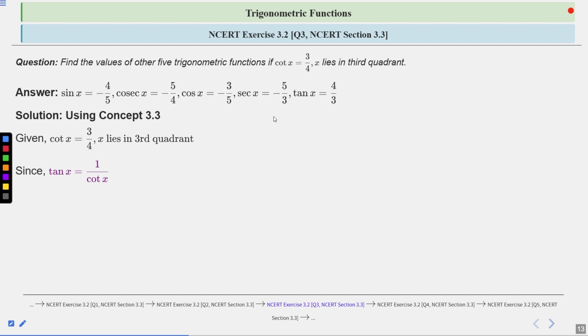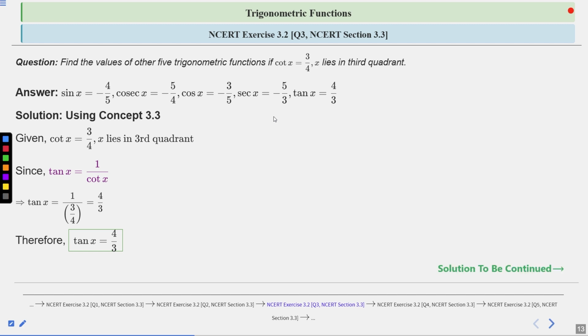Since tan x equal to 1 upon cot x, we can write tan x equal to 1 upon 3 by 4, right? Tan x will be equal to 1 upon 3 by 4, which is equal to 4 upon 3. Therefore tan x will be equal to 4 upon 3, clear?